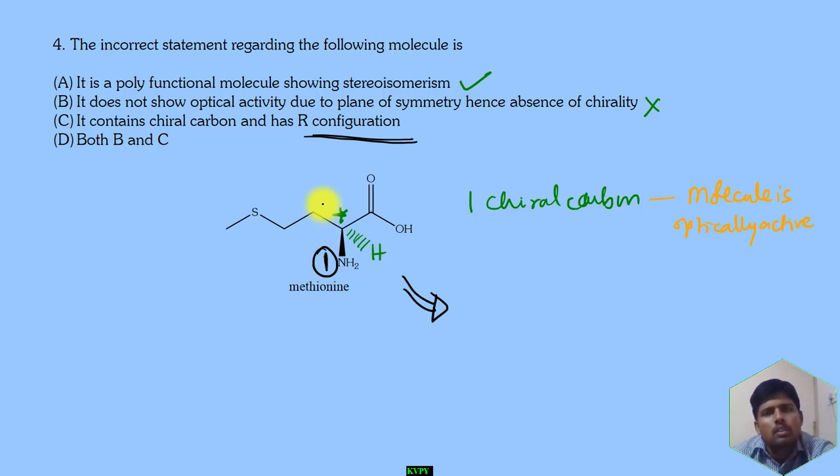Then you have carbon attached to oxygen here, carbon attached to carbon, so it is 2 and this is 3. So if you look at this, counterclockwise and the hydrogen is behind. That means it is going to be S configuration.